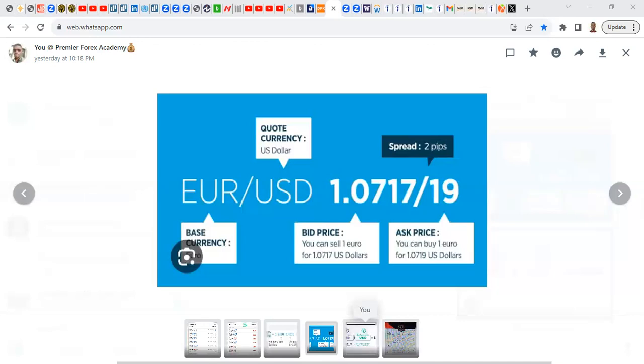I want to pick out Euro USD and show us something. So these are different instruments, and as you can see, there are plenty. So this is Euro USD.